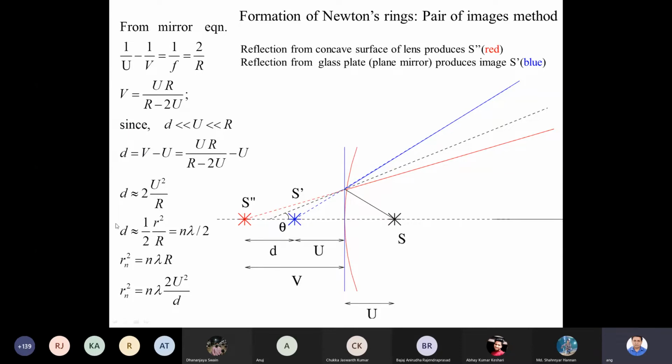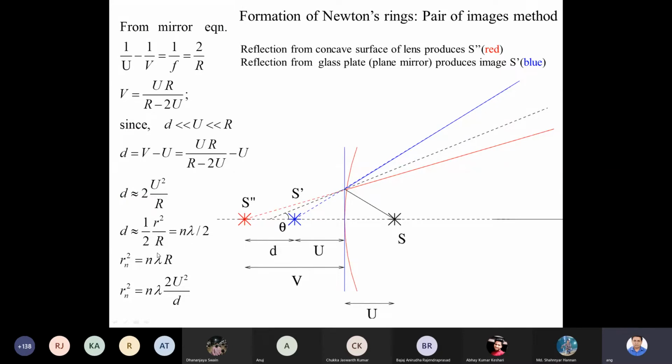You just solve this d, and that will give you, to first order approximation, u square upon r. And what we had in the first calculation on the second page was d as half of small r square upon capital R, and this we equate to n lambda by 2.